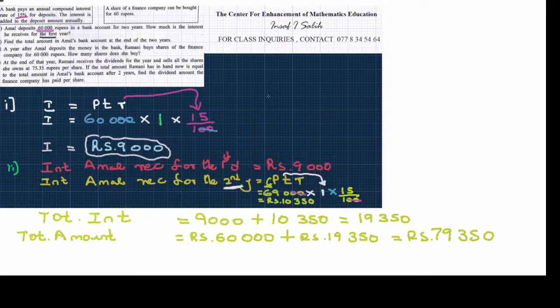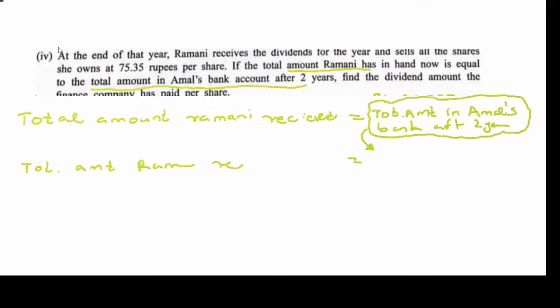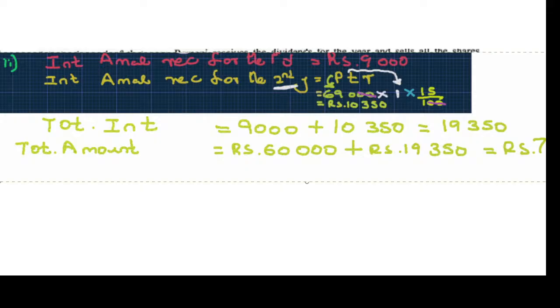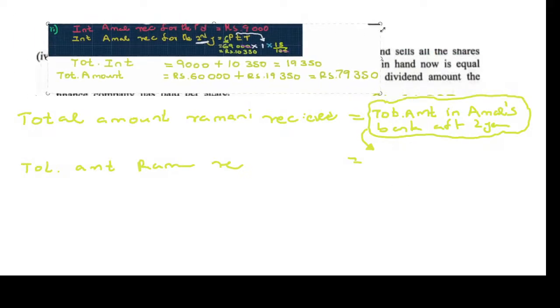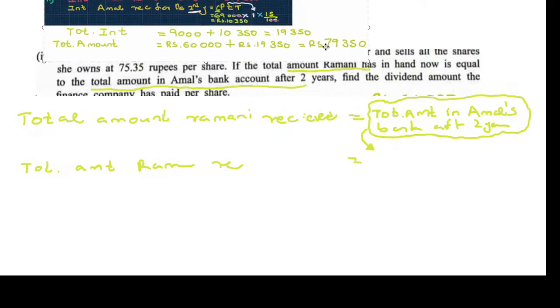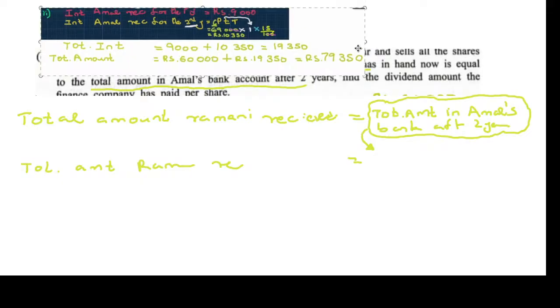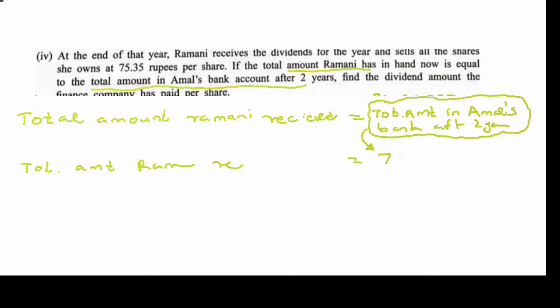In Roman 2, we found out the total amount of money in Amal's bank account after 2 years is 79,350. So the amount Ramani receives is equal to rupees 79,350.